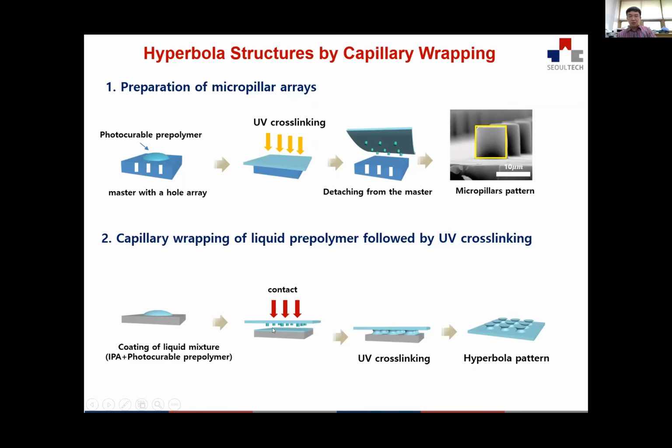Then the liquid is coated on the micropillar array, as you can see, and we get the hyperbola pattern. The yellow area is the original micropillar array, and the sidewalls are wrapped by capillary action with the liquid.